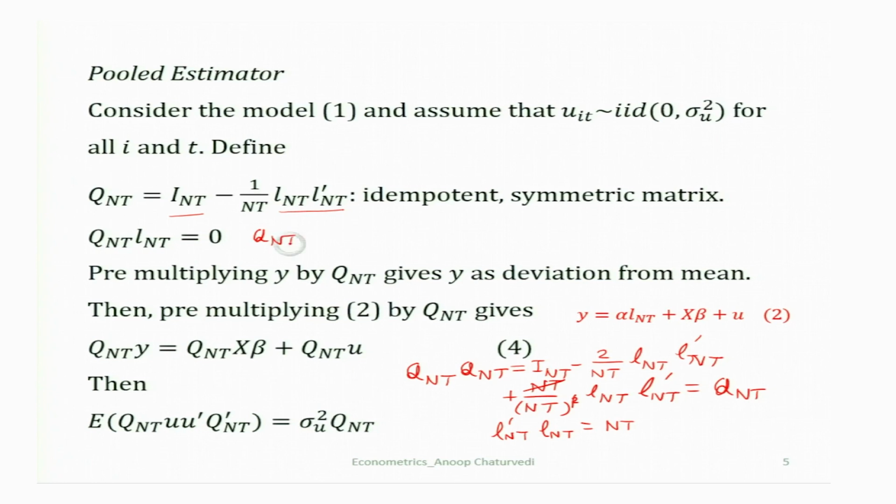Q_nt l_nt is equal to, first you have I_nt multiplied by l_nt, so you get l_nt minus 1 upon nt l_nt l_nt transpose l_nt. Again l_nt transpose l_nt is equal to nt. So, you get l_nt minus l_nt, which is equal to 0.